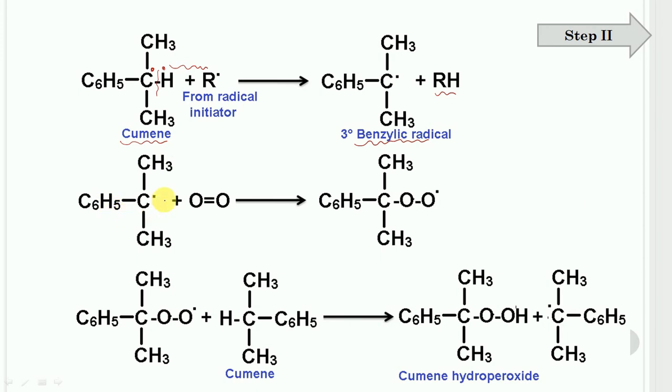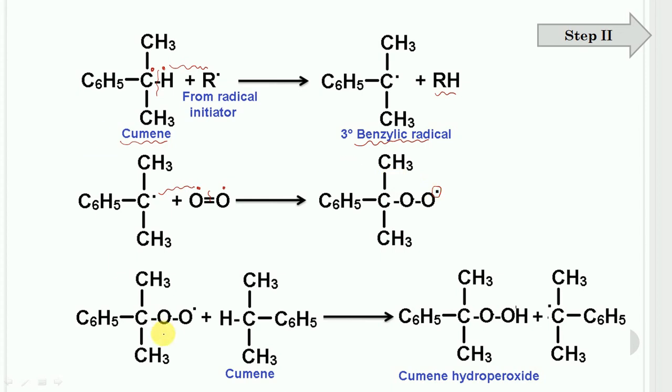In the next step, this tertiary benzylic radical will react with oxygen. Now this pi bond can break homolytically, and each electron is shared by both the oxygens. Now there is a bond formation, and it will give another radical. Now the odd electron is carried by this oxygen.